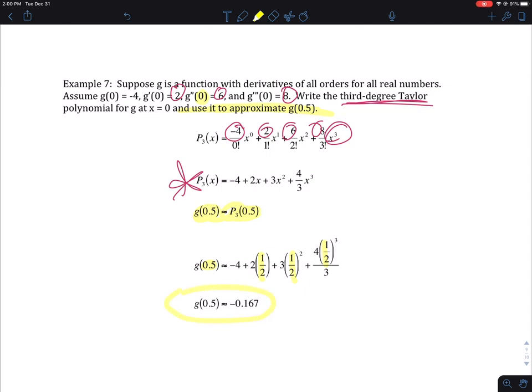You're going to have to probably leave this as an improper fraction because I'm not letting you use a calculator in this unit, and on your AP test this will show up on the free response non-calculator portion. Okay? And that is it for this lesson.